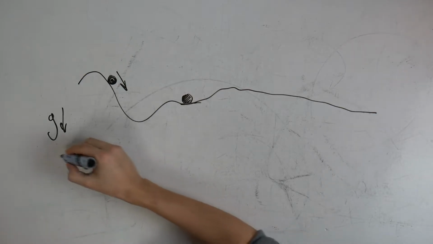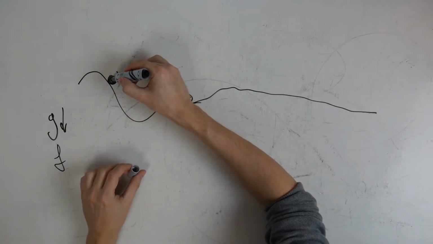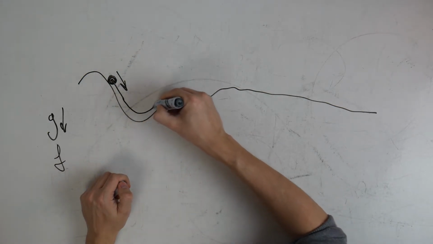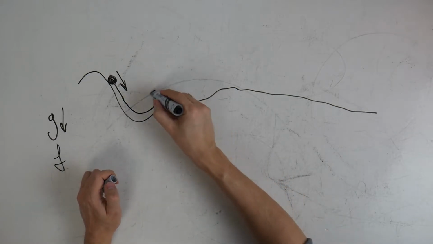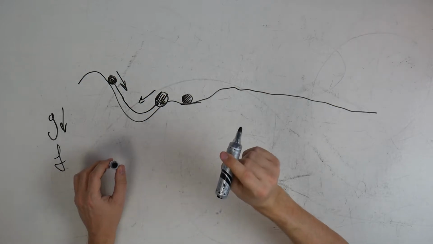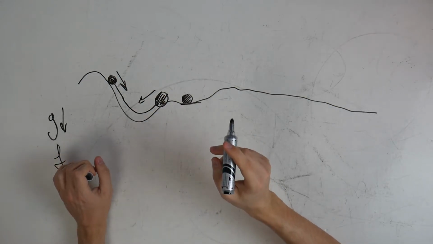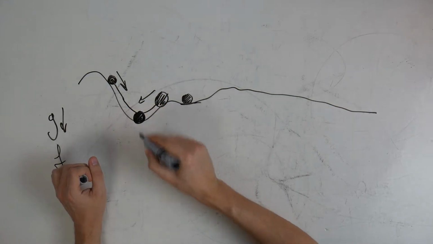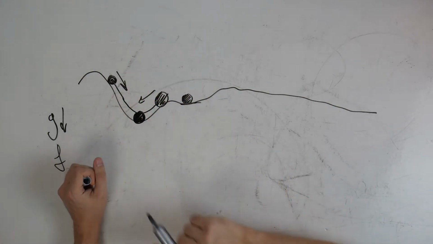If there is friction in this world, it will first gain velocity down, but it will go up to, for example, here, due to friction, and then fall down, and it will stabilize itself at the very bottom of this valley. Okay, so it basically just rolls like that and stabilizes.